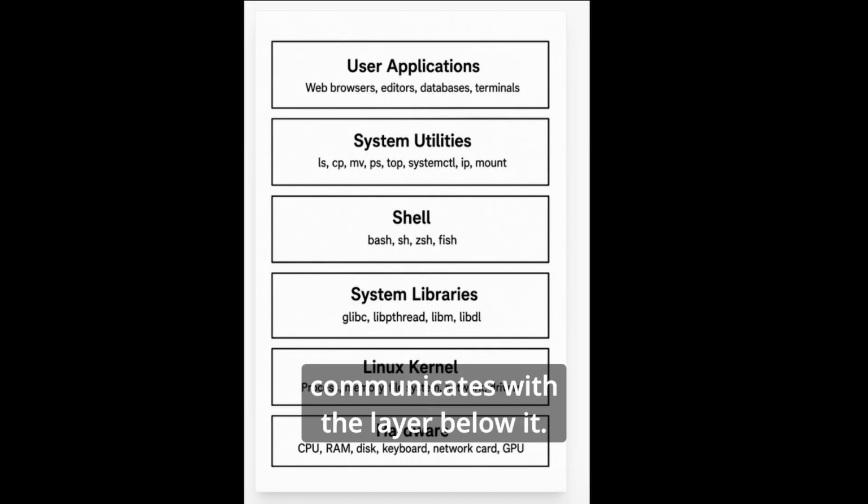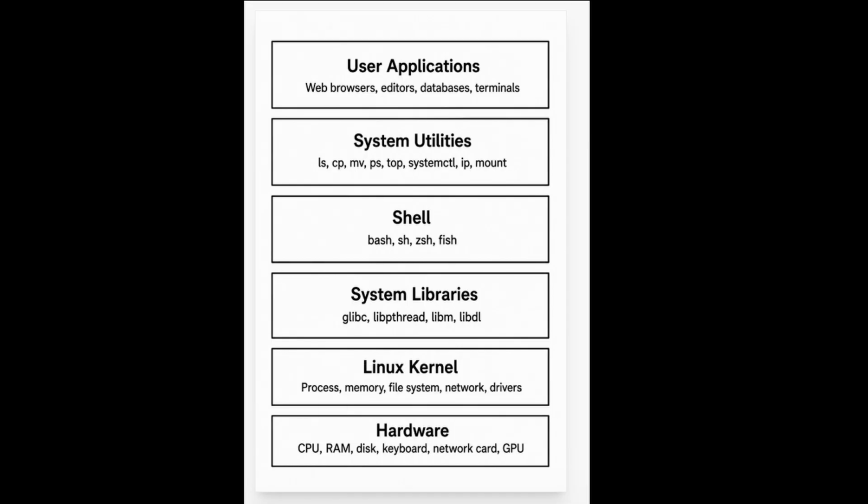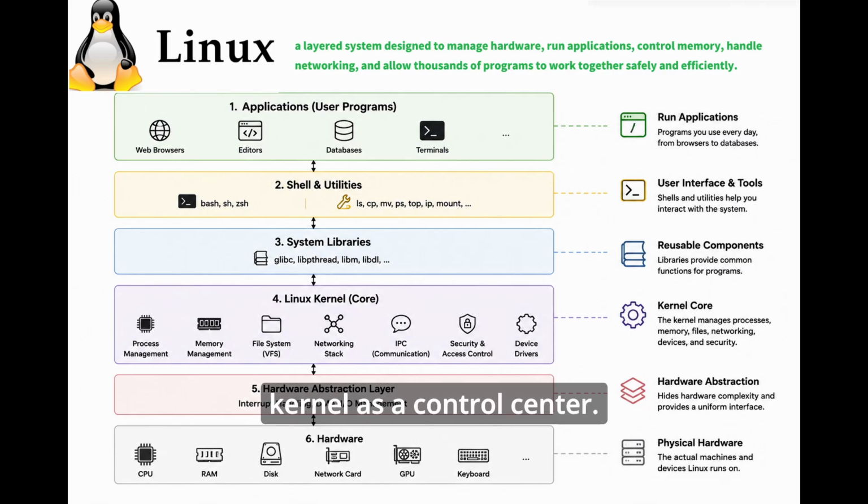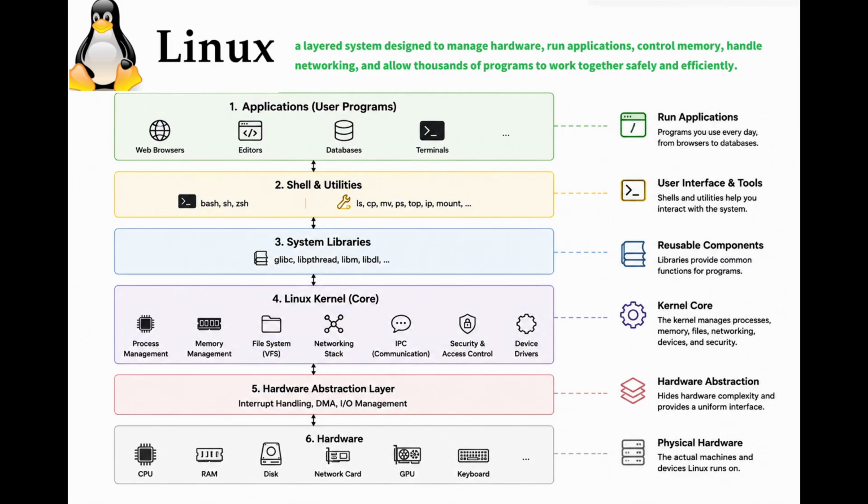Each layer communicates with the layer below it. This separation is very important, because applications should not directly control hardware. If every application could directly access memory, disks, or the CPU, the system would become unstable and unsafe. Instead, Linux uses the kernel as a control center.